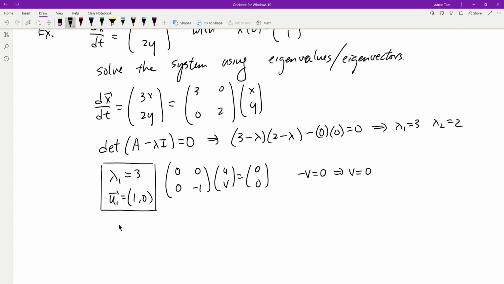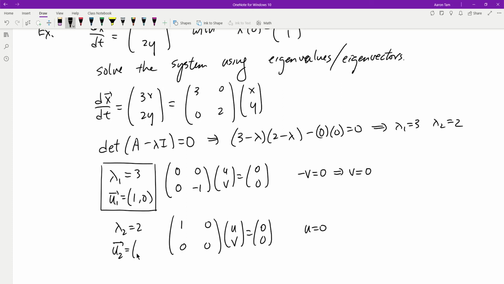Okay, now let's do lambda 2 equal to 2. When I do that, I have 3 minus 2, which is 1, 0, 0, 0, times (u, v) equal to 0, 0. So that just tells me u equal to 0. So once again, in this case, I just need u to be 0.